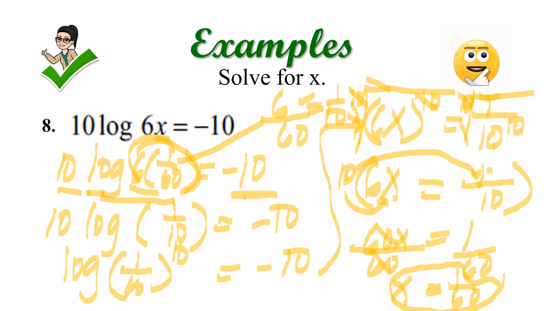And when you get the logarithm of 10 raised to negative 10, it's the same as negative 10. So therefore, negative 10 is equal to negative 10. So 1 over 60 here is really the correct answer.